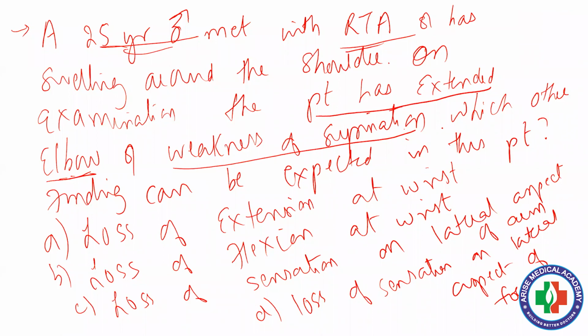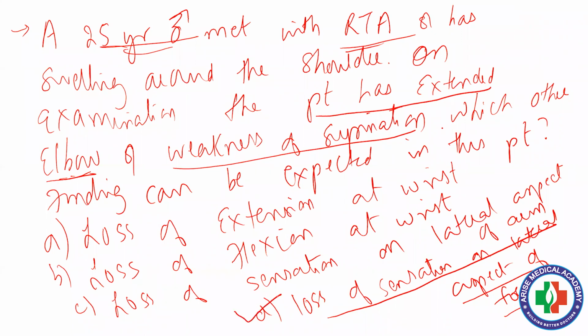By looking at the question, we should interpret that musculocutaneous nerve is damaged. So he's saying what other finding can be there. So we know that musculocutaneous nerve supplies the muscles of the anterior aspect of arm and becomes lateral cutaneous nerve of forearm. So it is not the arm, it is loss of sensation. It's cutaneous innervation. Loss of sensation on lateral aspect of forearm. So this should be the correct answer.